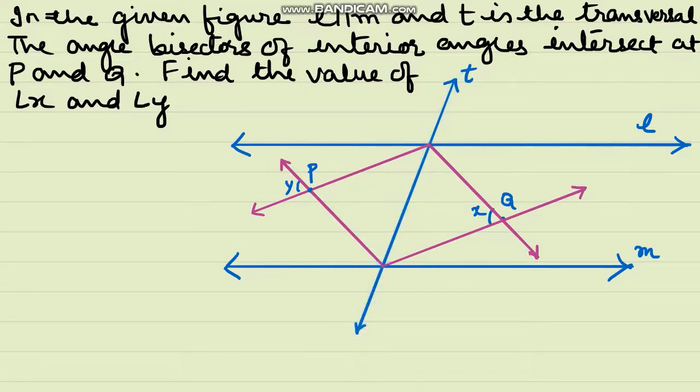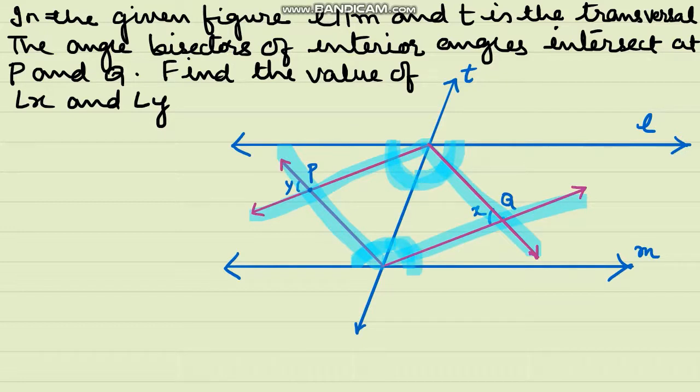T is the transversal. The angle bisectors of interior angles. See children, these are the interior angles. And angle bisectors of interior angles means this line is bisecting this angle and this line is bisecting this angle. Similarly, this line is bisecting this angle and this line is bisecting this angle.